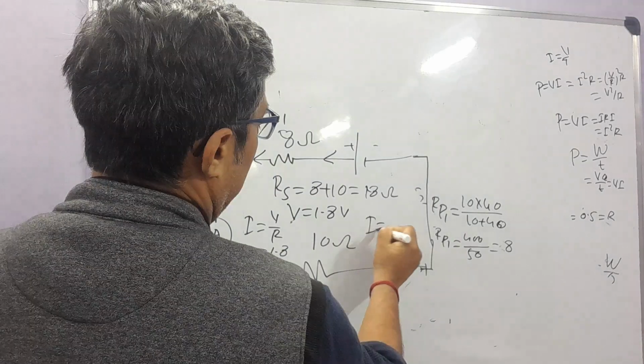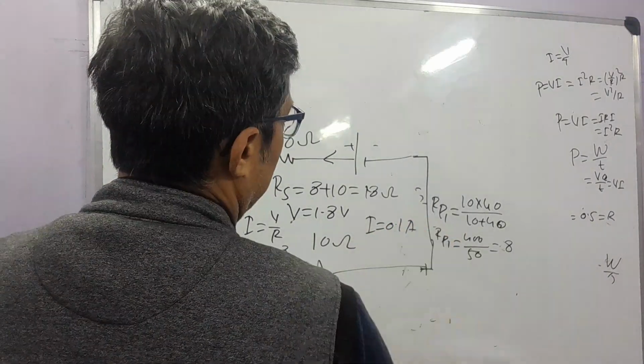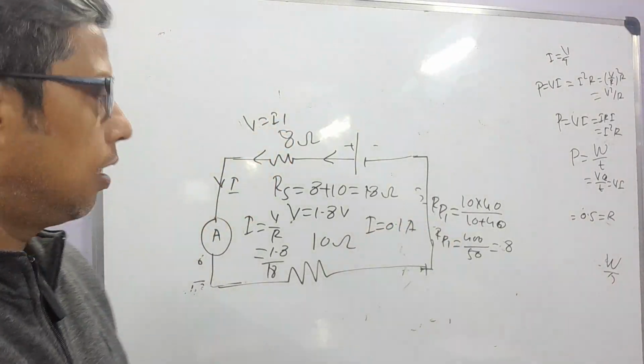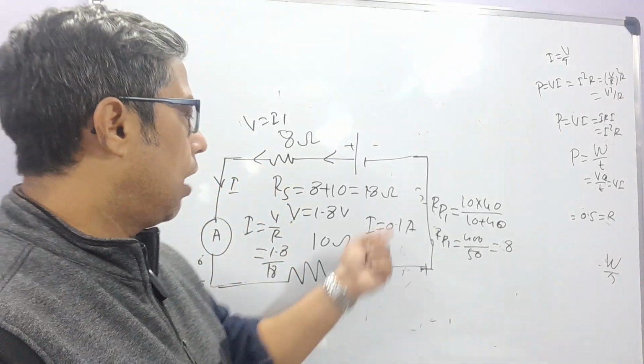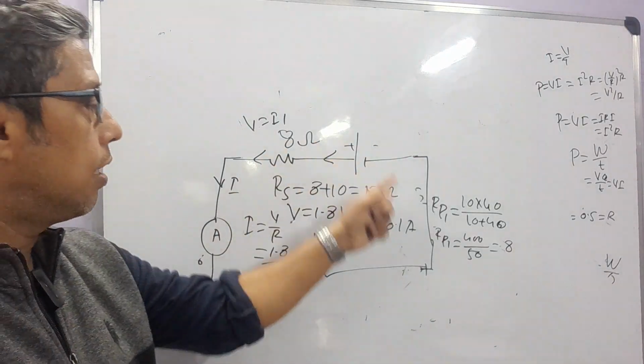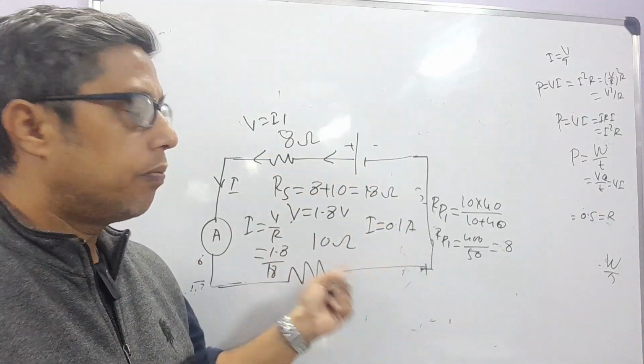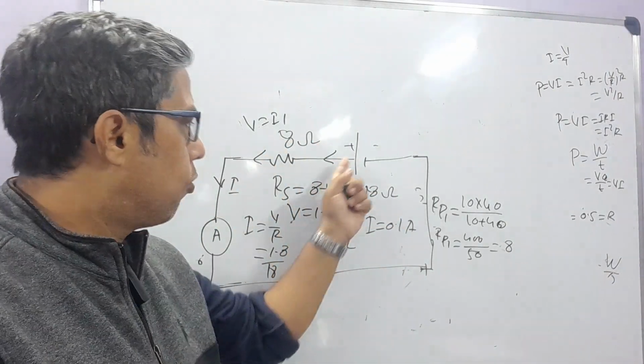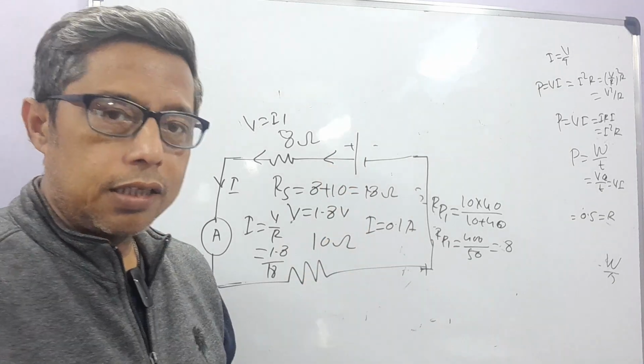So I is coming 0.1 ampere. Right? Done. So this is the way you have to calculate. Whenever you are calculating the main current, you need to calculate the total resistance of the circuit, then divide the voltage by the total resistance.